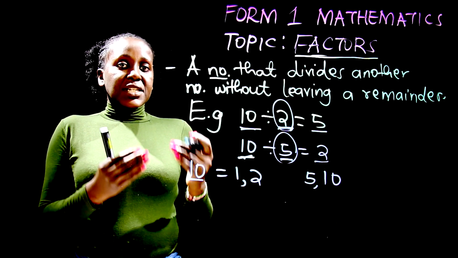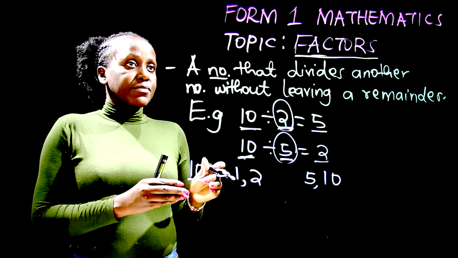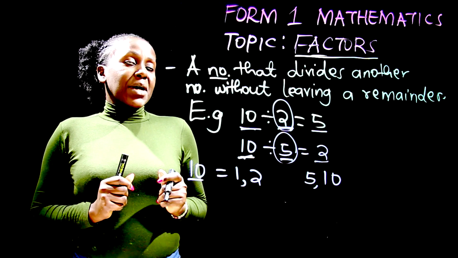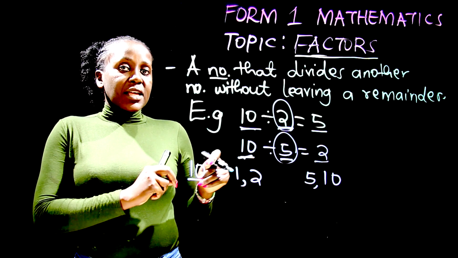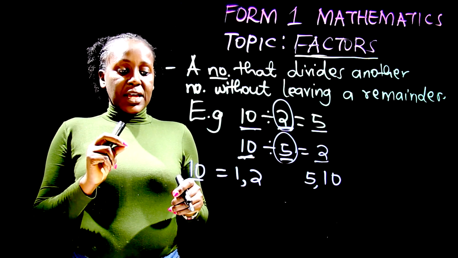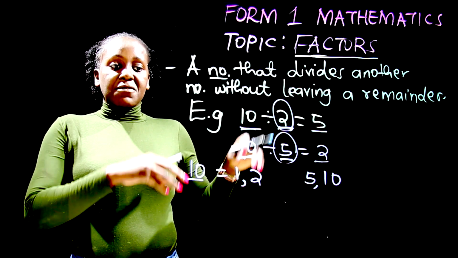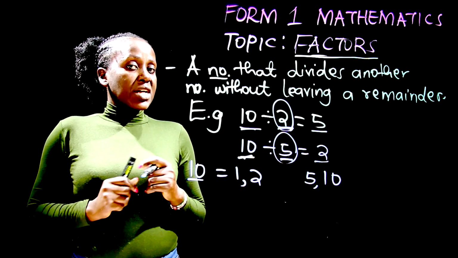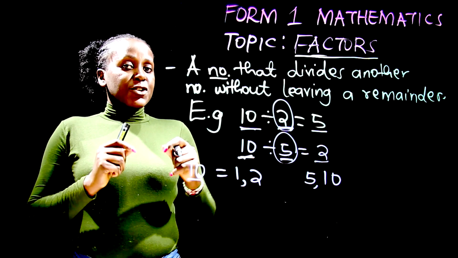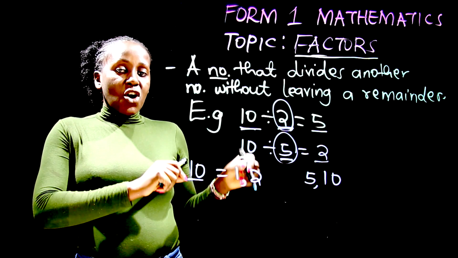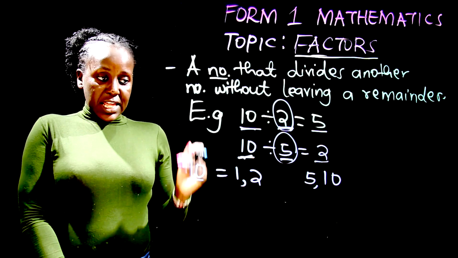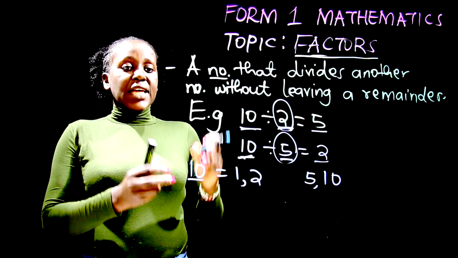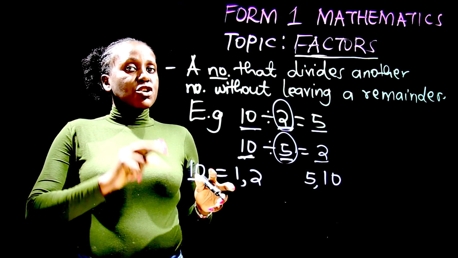Let's do 10 divided by 3. Will you get a perfect number? No. That means that 3 is not a factor of 10. 10 divided by 4. Will you get a perfect number? No. Implying that 4 is not a factor of 10. The next number is 5. 10 divided by 5 is 2.